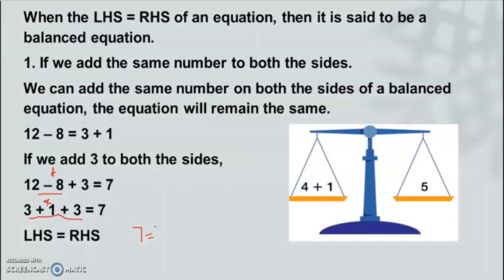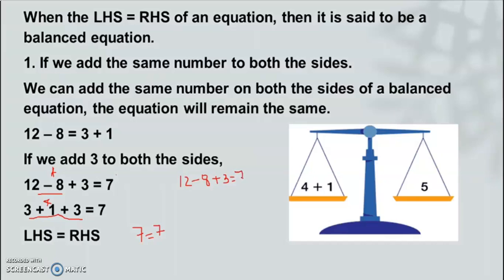But you have to follow this method only. There is another method, I'll just tell you, but it would be better if you prefer this method. So, 12 minus 8 plus 3 is equal to 7, right?